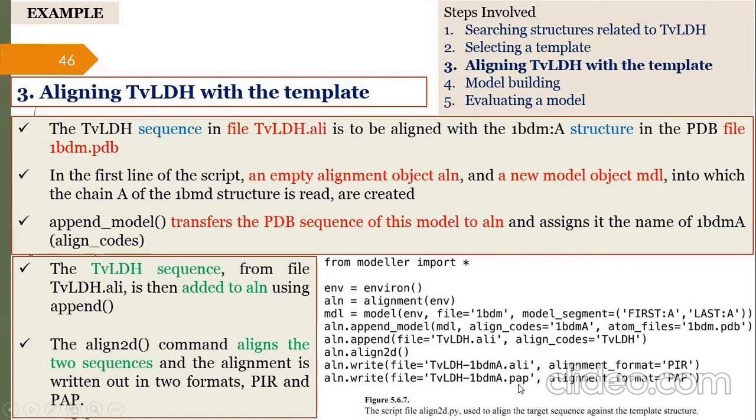The output will be in two formats, PAP format and PIR format. So in these two formats, it will give the result: write it in PIR format and PAP format.